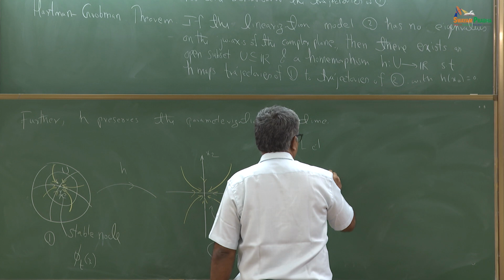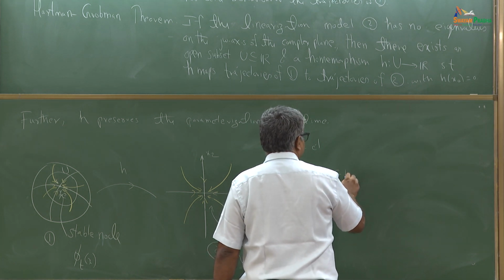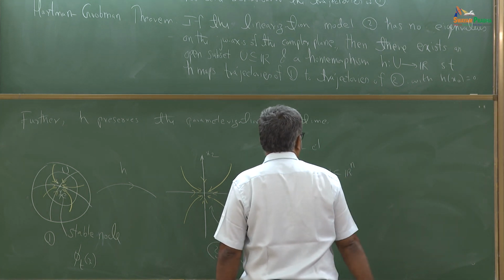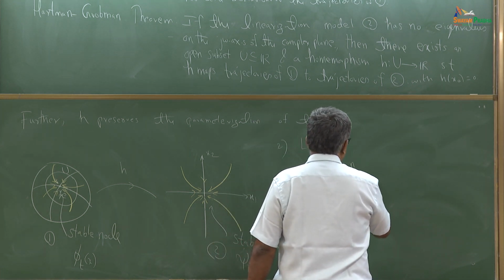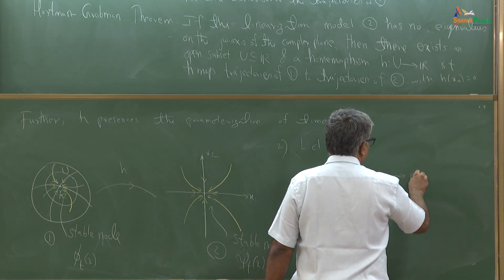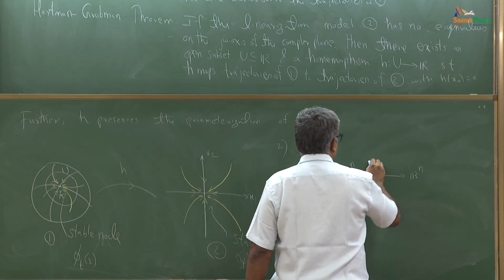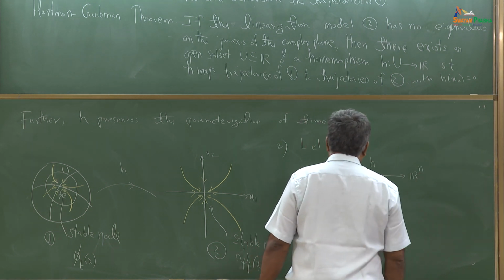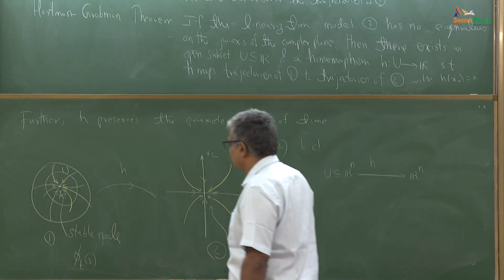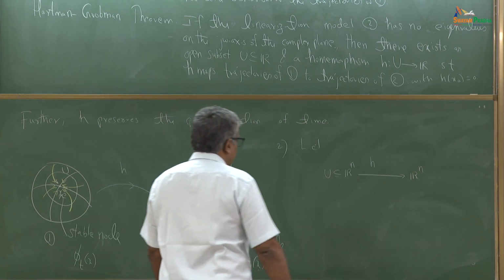So you have a U which is a subset of Rn, right? Now this gets mapped to Rn only through the homeomorphism, okay? So you have this flow here, okay?